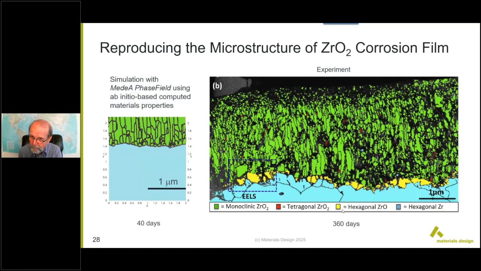To take this further, let's go to the microstructure. In the case of oxidation of zirconium, you are forming over time, when it's exposed to, for example, water or oxygen, an oxide layer.